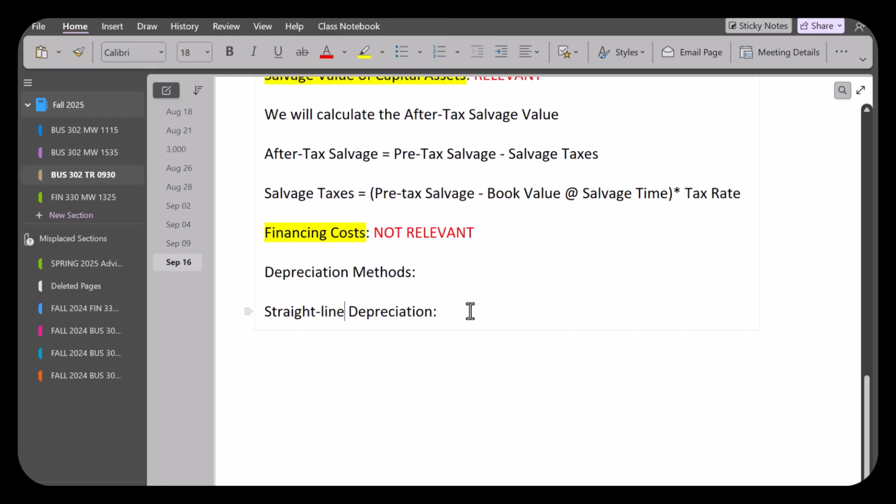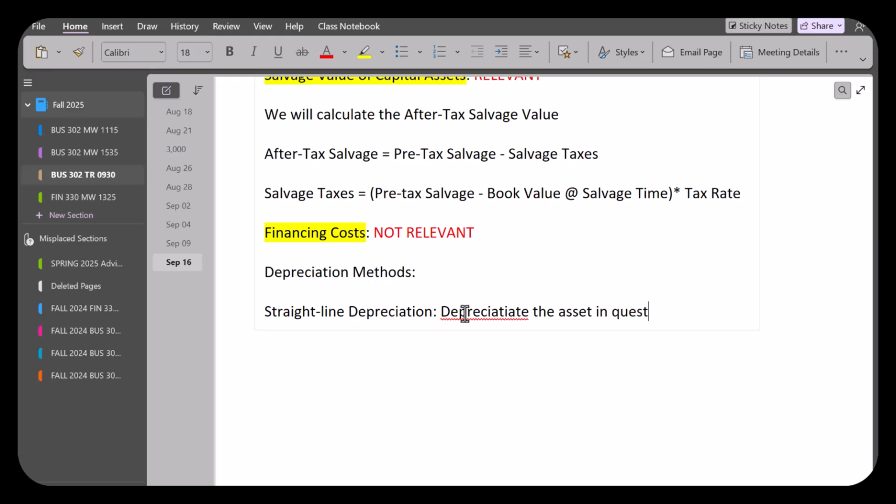Depreciate the assets in question to zero equally over the tax life of the assets.